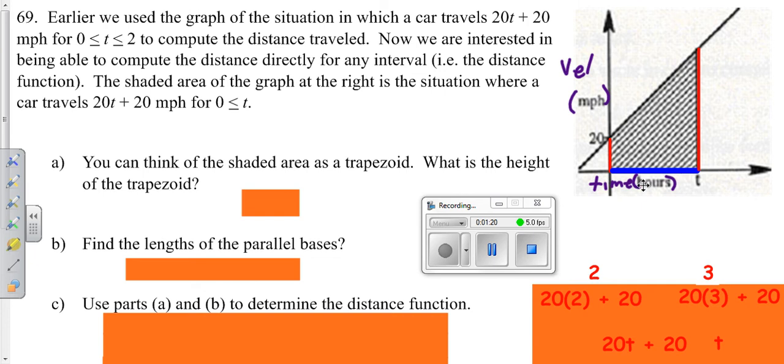Now, if I said that this right here was 2, then to figure out our velocity right here, all we'd want to do is take 2 and plug it into our velocity equation, and we would get 60.